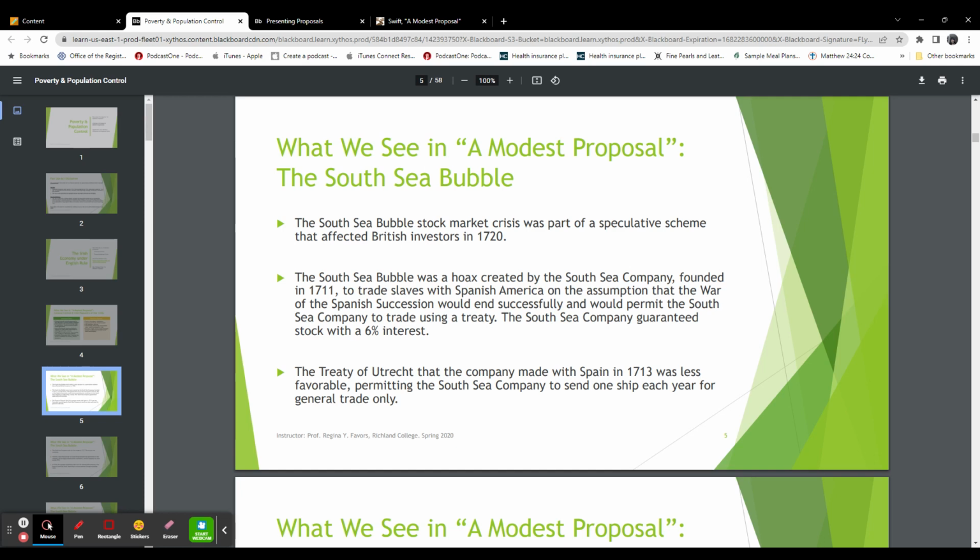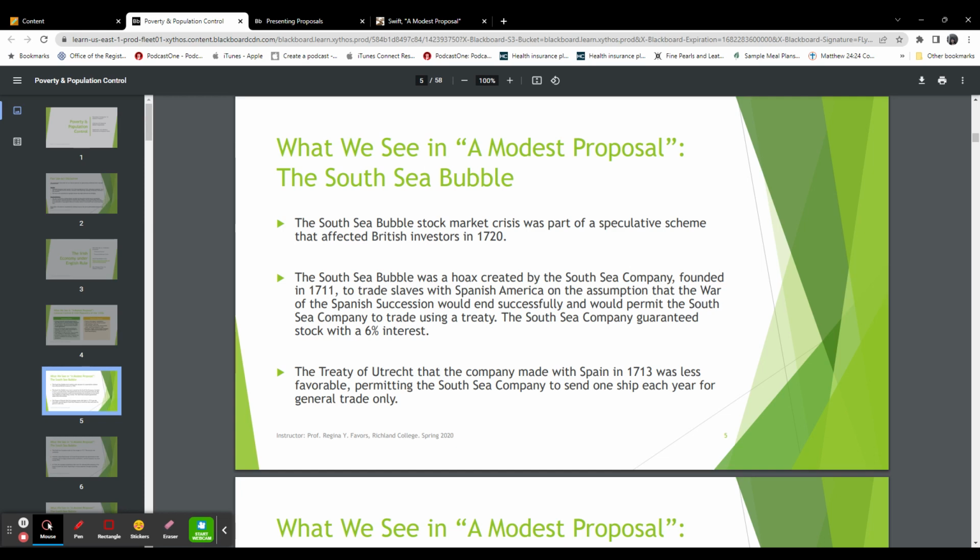The South Sea Bubble was a hoax created by the South Sea Company, founded in 1711 to trade slaves with Spanish America on the assumption that the War of the Spanish Succession would end successfully and would permit the South Sea Company to trade using a treaty. The South Sea Company guaranteed stock with a 6% interest.